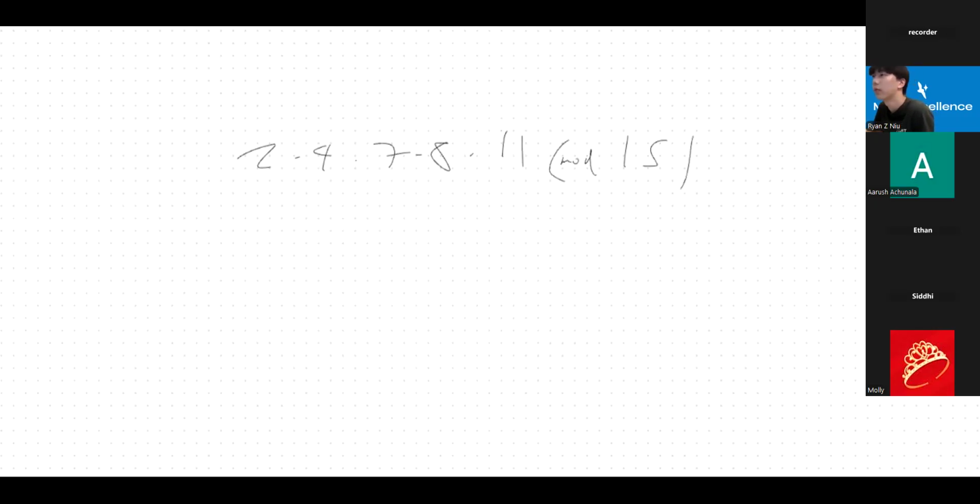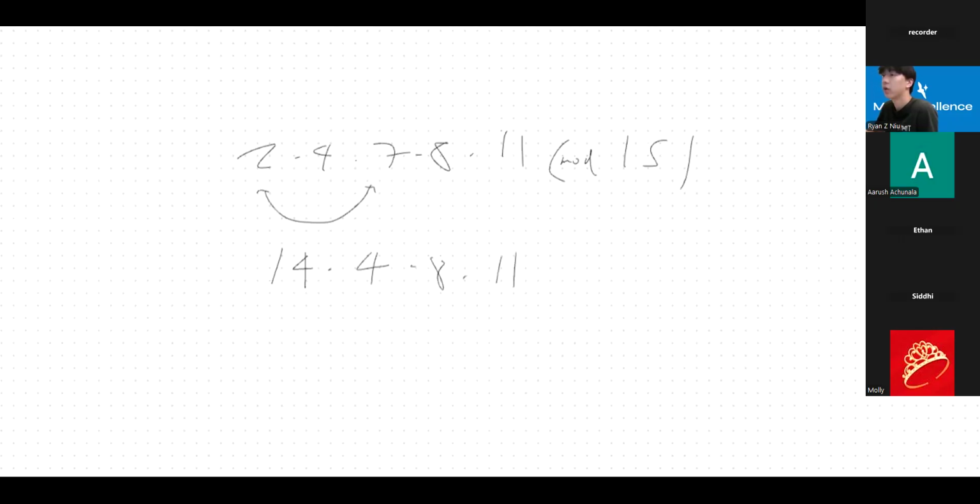Okay, so we're going to use the process that we learned in class. Except for here, what we can do is actually pair numbers together. So 2 times 7 is going to be 14, and then we're going to have 4, 8, and 11.